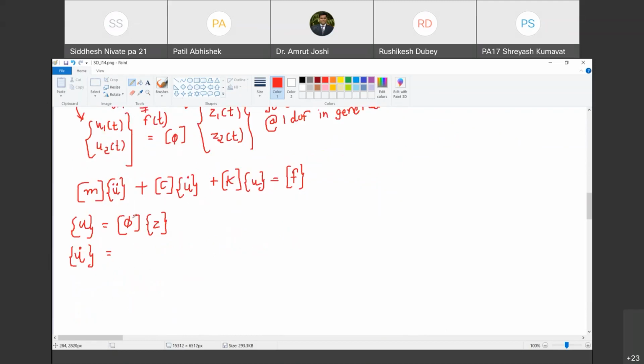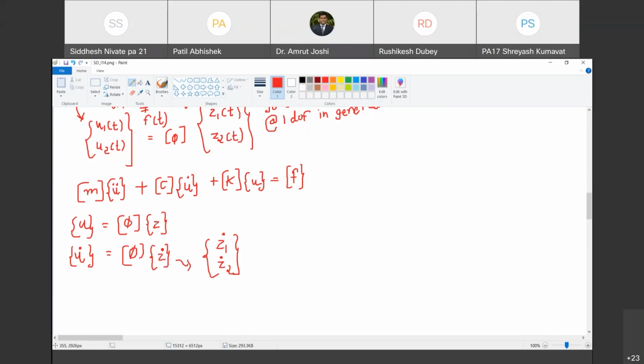So it is like some constant matrix multiplied by the matrix which contains entities which are dependent on time. Are you with me? So it will be phi into z dot, where z dot is the matrix of velocities in generalized coordinate systems. Are you with me? Yes, sir.